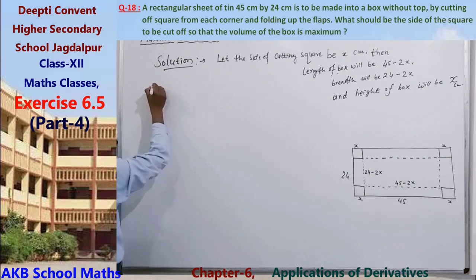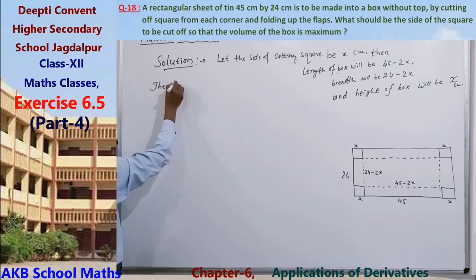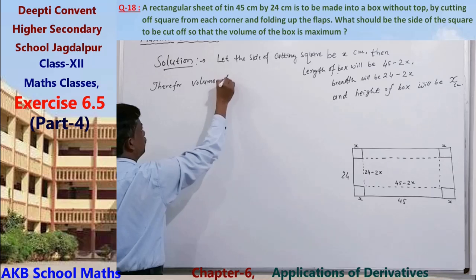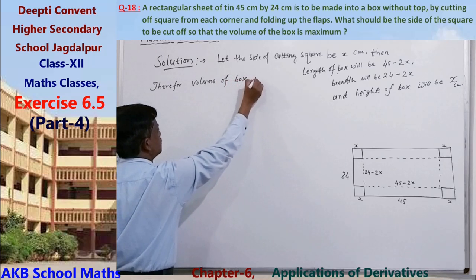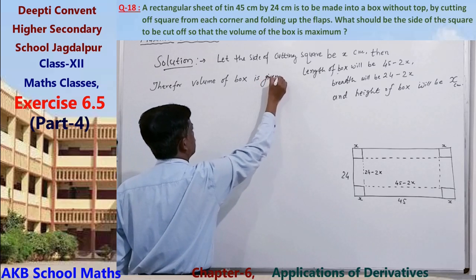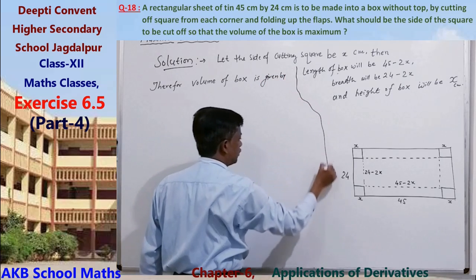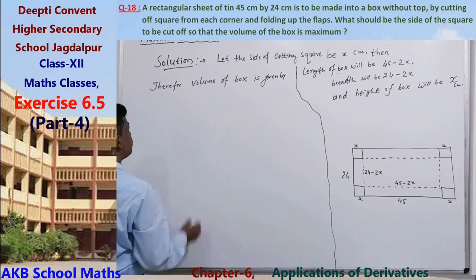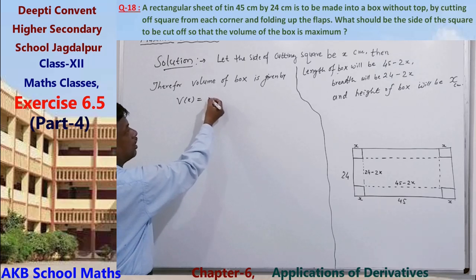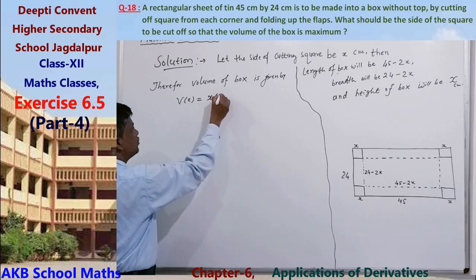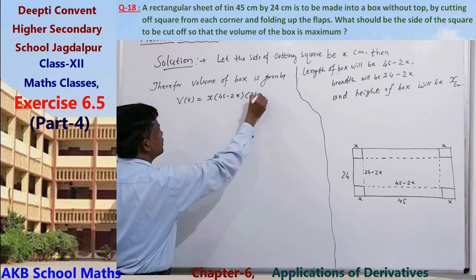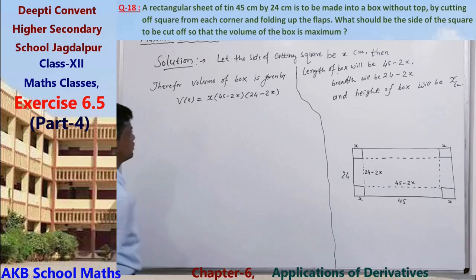Therefore, volume of box is given by V(x) equals length into breadth into height, that is x into (45 minus 2x) into (24 minus 2x).